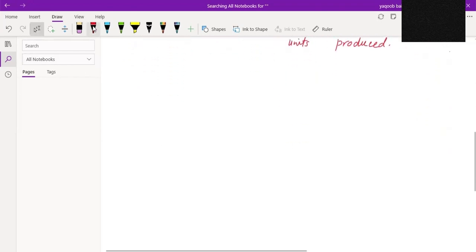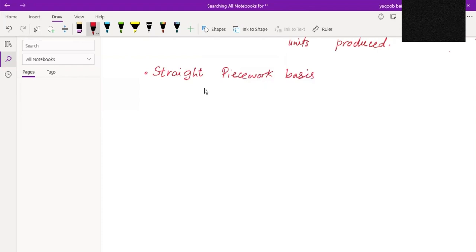There are two different types of piecework basis. First one is straight piecework basis, which means constant wages payable on per unit basis.